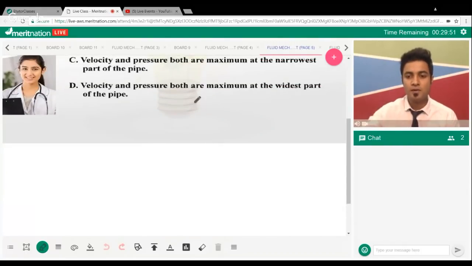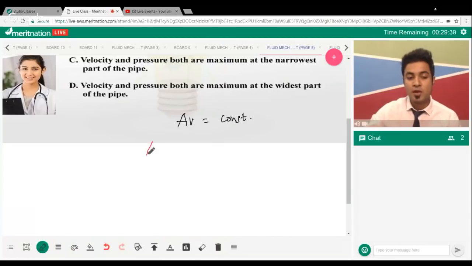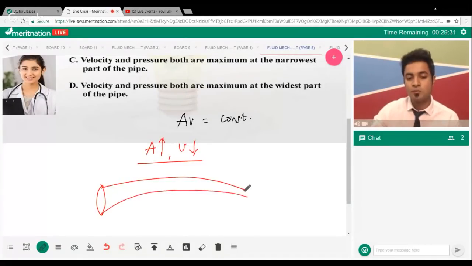If you just recollect whatever I have taught you, A into V has to be constant, right? That's what the equation of continuity suggests. So in this case, whenever the area is more, the velocity has to be less. And this pipe has a non-uniform cross section, meaning the area is changing everywhere.